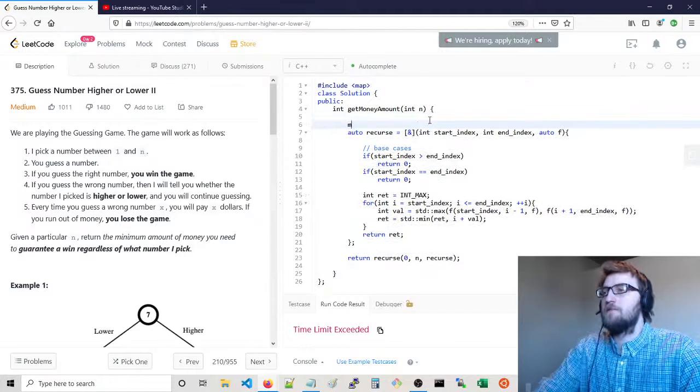So I can do a map of standard tuple of ints to an int.